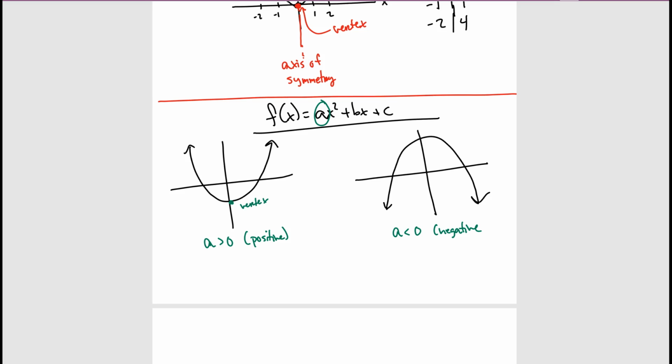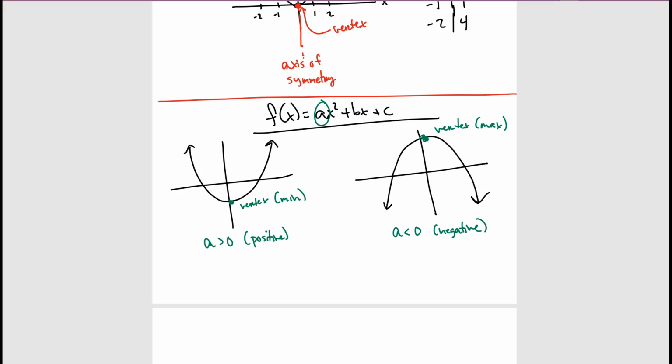This vertex is what we're going to call our minimum, because it is at the lowest point and everything else is upward. Here, when you have a sad parabola, your vertex is going to be a maximum because it's at the highest point.